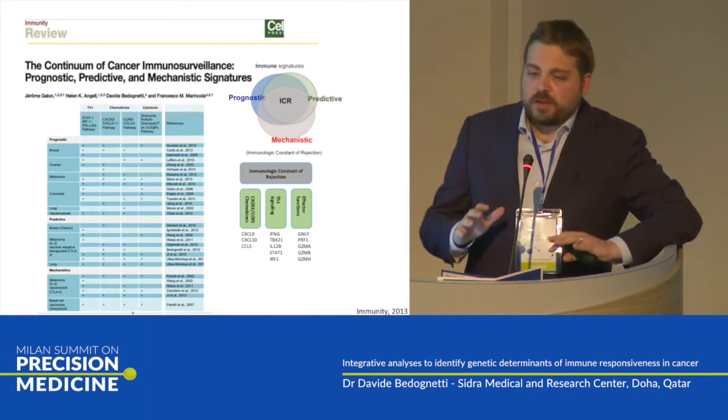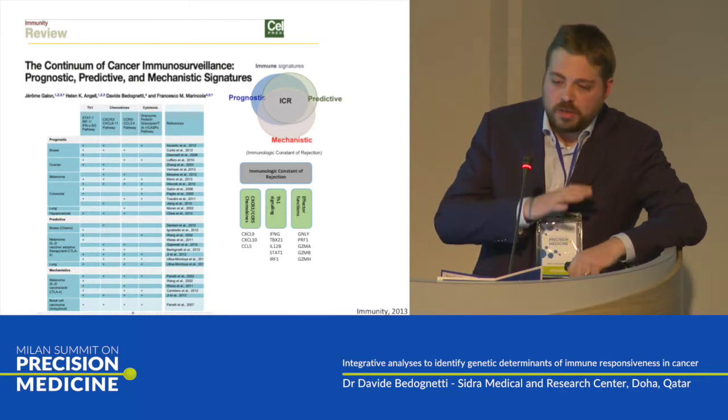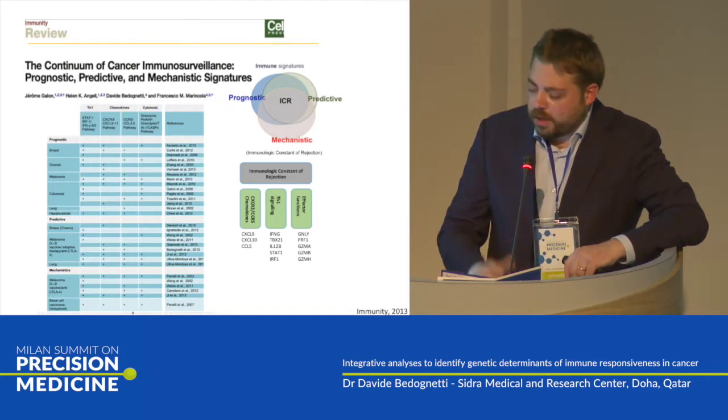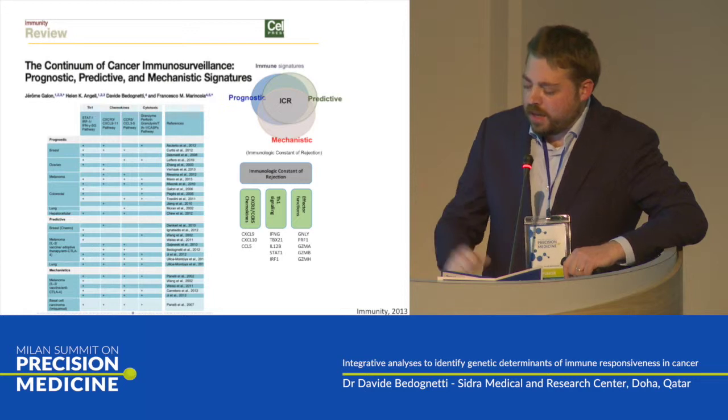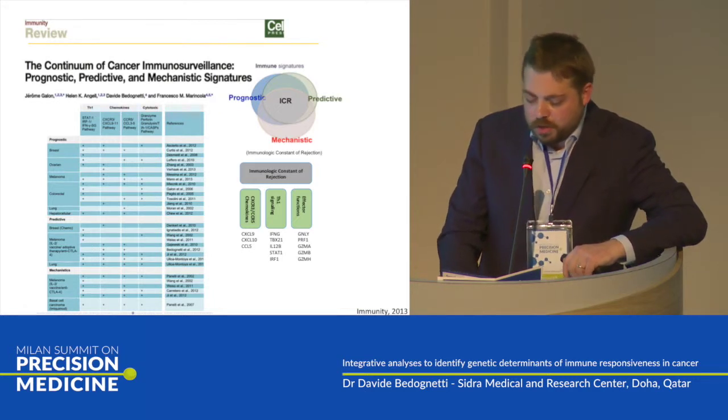So there are very similar immune models shared by what we call the prognostic and predictive signature. So what does it mean?